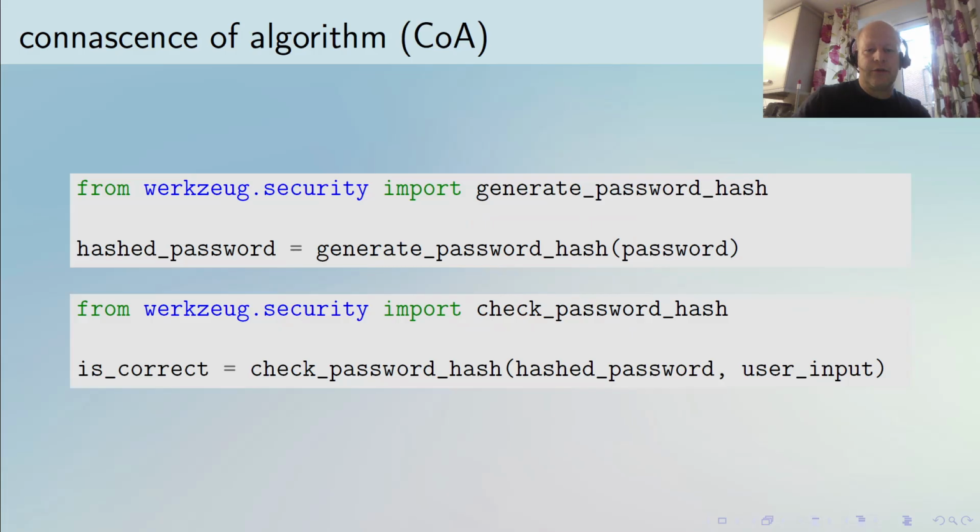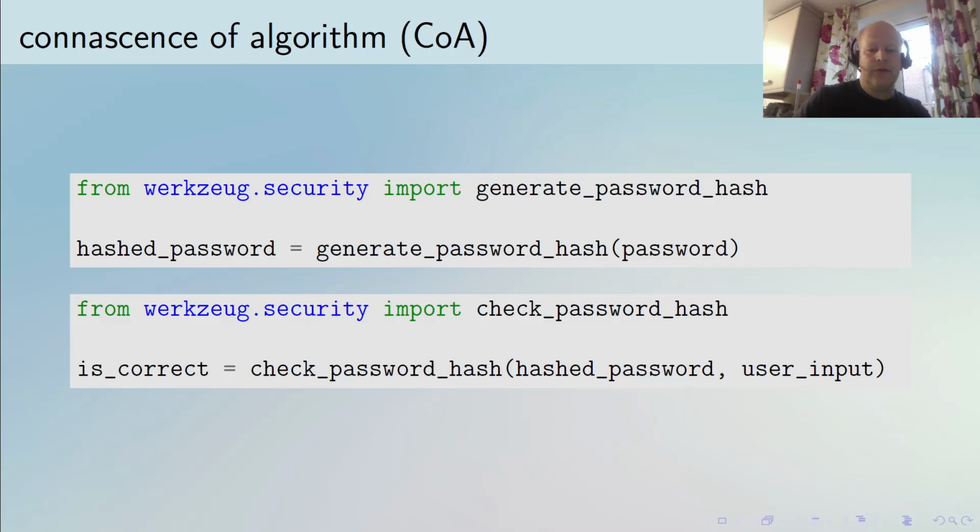Here's an even stronger kind of connascence, which is connascence of algorithm. In the first code block, we have a call to a password hash generating method, which hashes a password for safe storage. Then we have another piece of code which checks user input against the password hash.